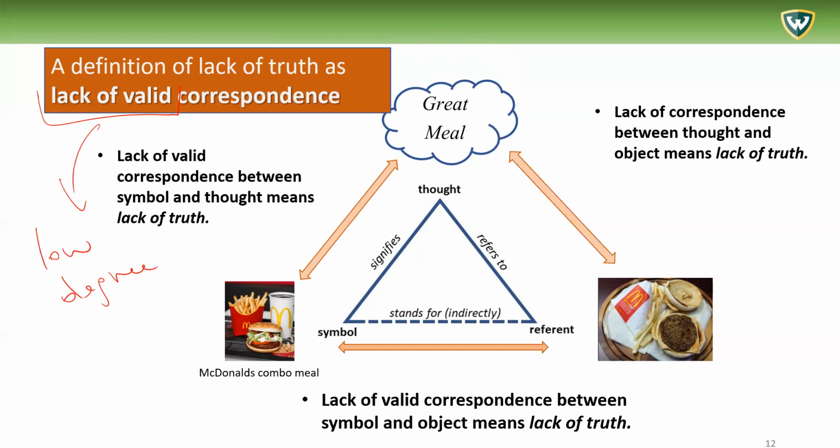So let's say you're thinking of the McDonald's combo meal as a great meal, but then you get the actual meal served, and you say, oh, my concept doesn't match the actual object that I got. I thought it was a great meal, but this is not a great meal. This is a crappy meal. It's soggy, it's old, distasteful. And of course this lack of validity, lack of truthfulness, lack of correspondence can happen in any one of these three relations.